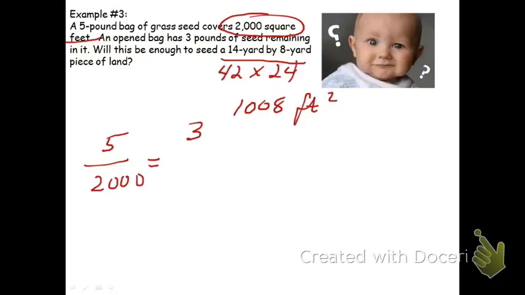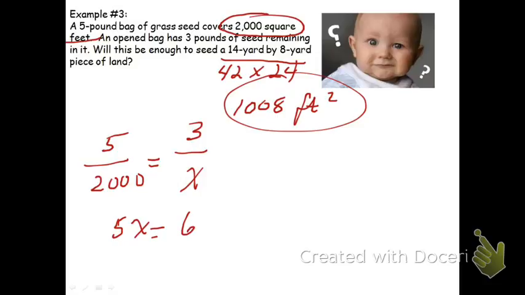Okay, so a 5-pound bag covers 2,000 square feet. If I have 3 pounds left, how much will that cover? I need it to be able to cover at least 1,008 square feet. So cross multiplying, we get 5x is equal to 6,000. Divide both sides by 5.